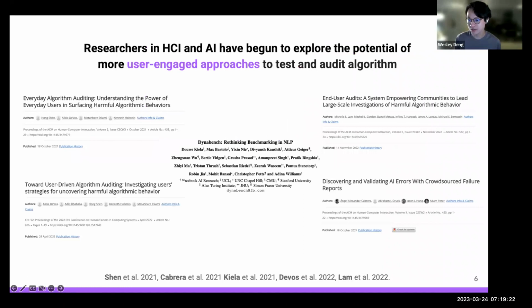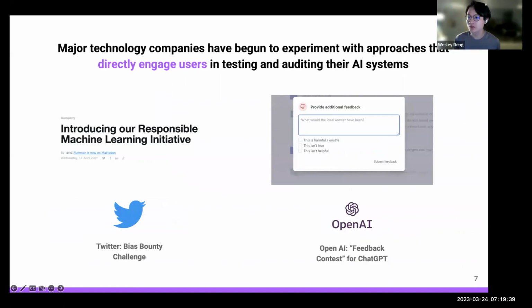To overcome limitations of current algorithm auditing techniques, researchers in HCI and AI have begun to explore the potential of more user-engaged approaches to algorithm testing and auditing, which directly engage users in surfacing harmful algorithm behaviors. In parallel to these research efforts, a lot of major tech companies have also begun to experiment with approaches that directly engage users in testing and auditing their AI systems.